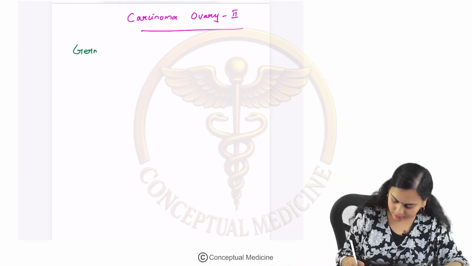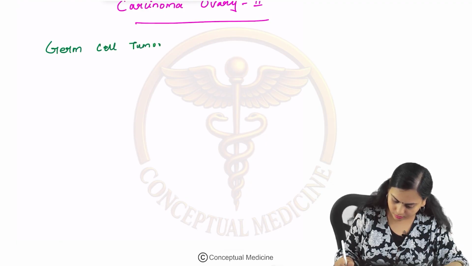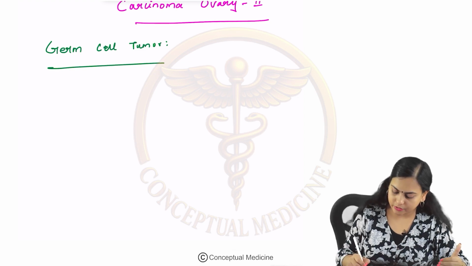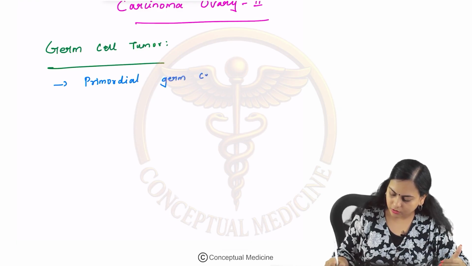So next tumor is germ cell tumor. From the name itself you should be able to get. So these arise from the primordial germ cell of ovary.